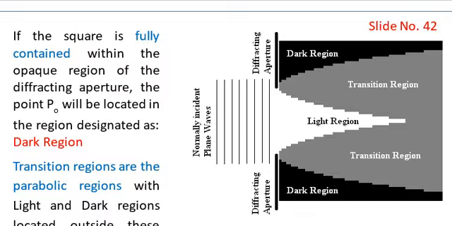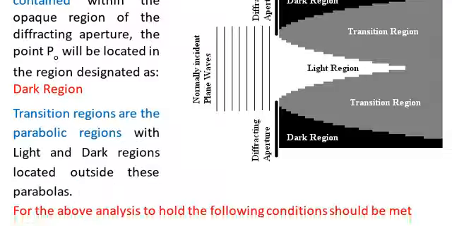If you go further away from the z-axis, you might fall in the dark region, where the square is fully contained in the opaque region of the diffracting aperture. So if the square is fully contained within the opaque region, the point P0 is located in the region designated as the dark region.